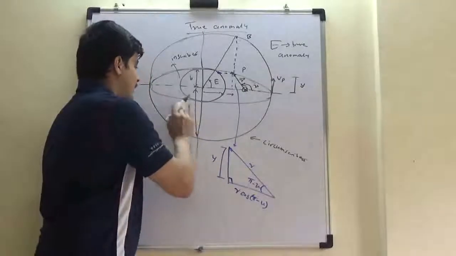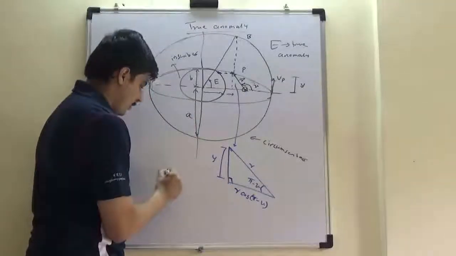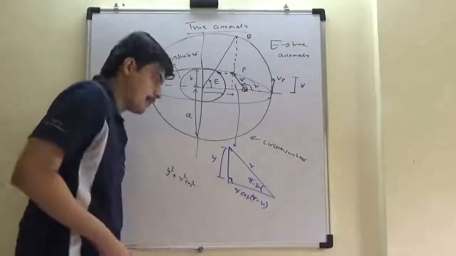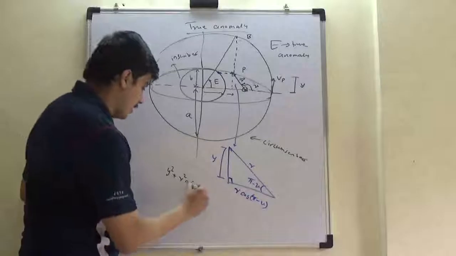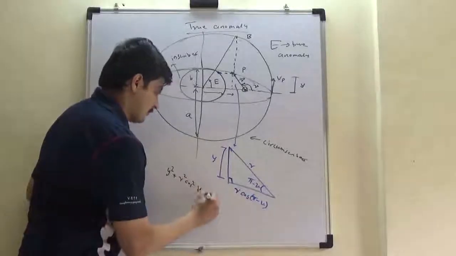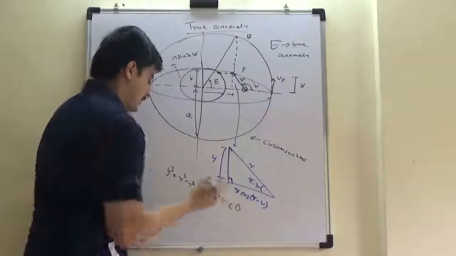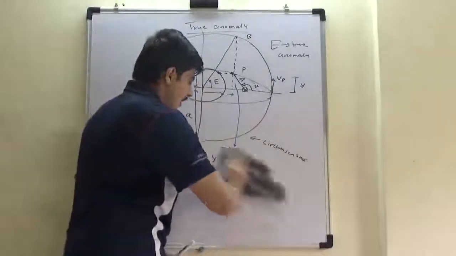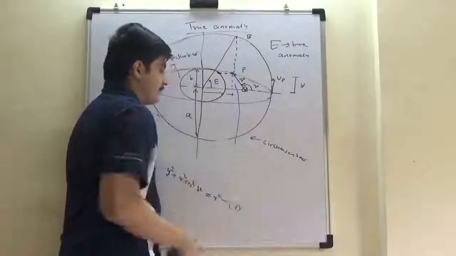This is a triangle which has a 90-degree angle in between, so you have y square plus r square cos square of pi minus mu equals r square. Cos of pi minus mu is minus cos mu, but in square it is simply cos square. This is the first relation that I get by drawing this inscribed circle.